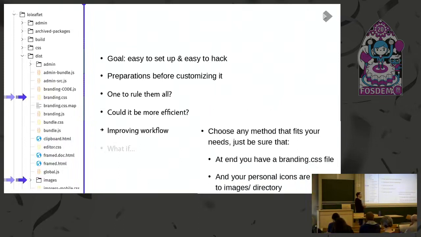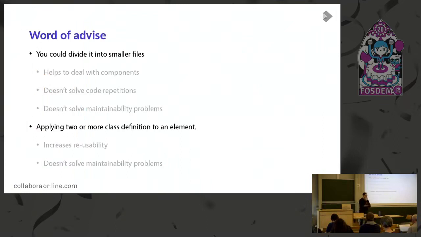Now, could you improve this workflow? And again, I reiterate, you are free to choose whatever method you want. What you might start to think is, okay, wait, what if I divide the CSS file into multiple CSS files that have my own customizations and I can play with it?